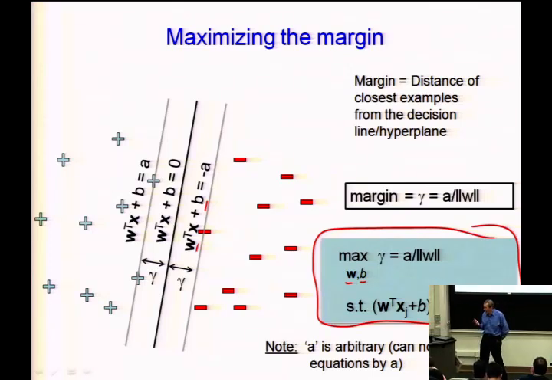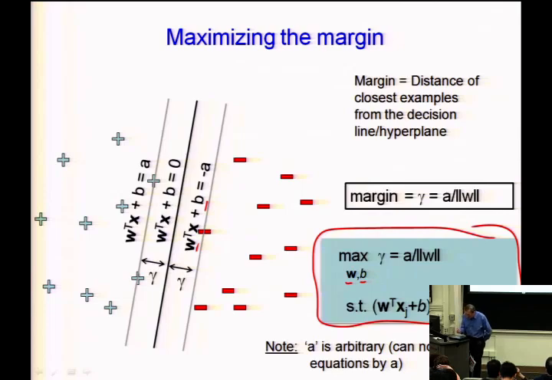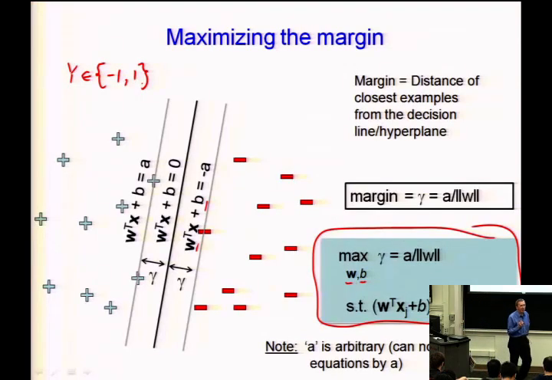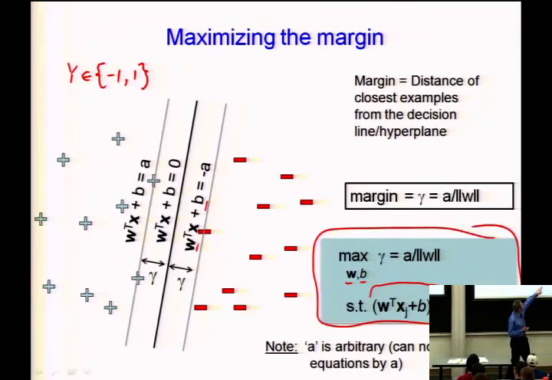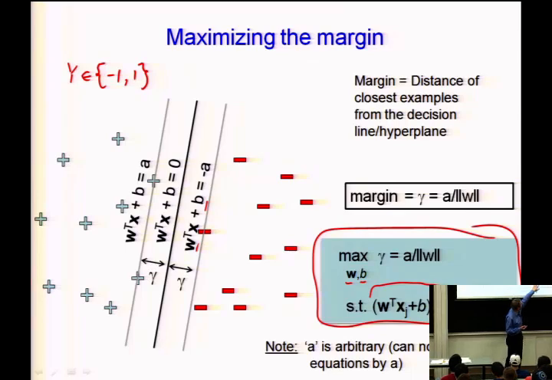And recall that in the case of support vector machines, instead of saying that y is 0 or 1, we say y is minus 1 or 1. So the negative examples we give a value of minus 1 and the positives a value of 1. And so a nice little way of saying that we want to classify each of our points correctly is to say that for training point xj, we want the weight vector times xj plus b, times y, where y is either plus or minus 1.